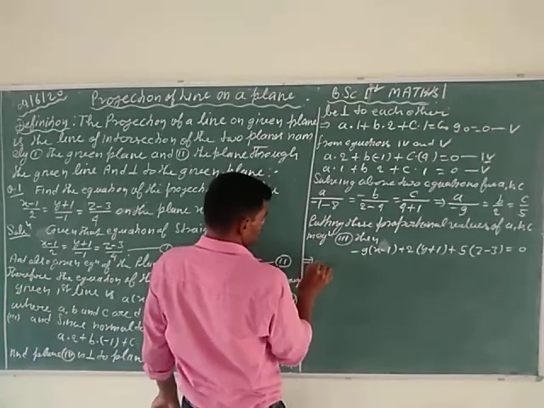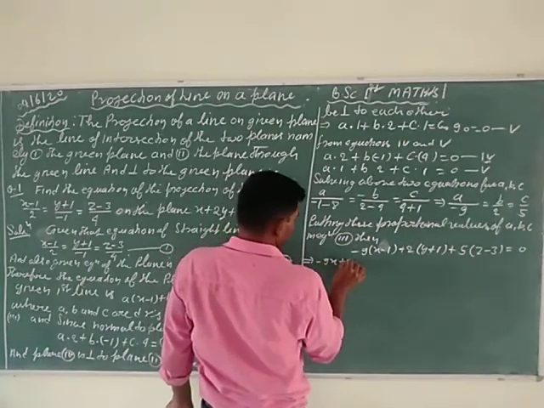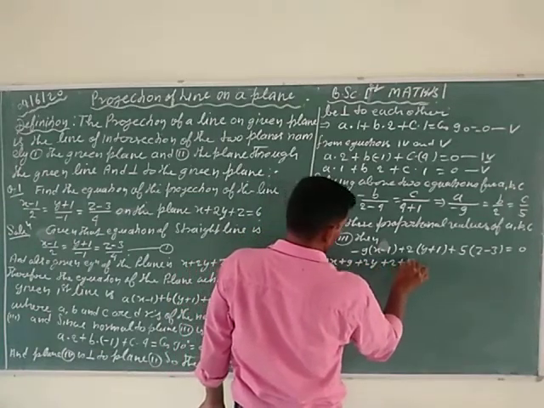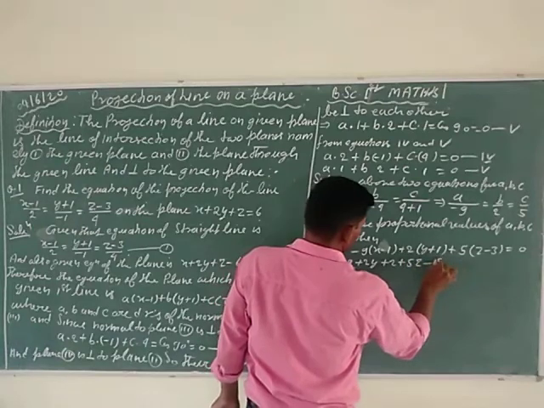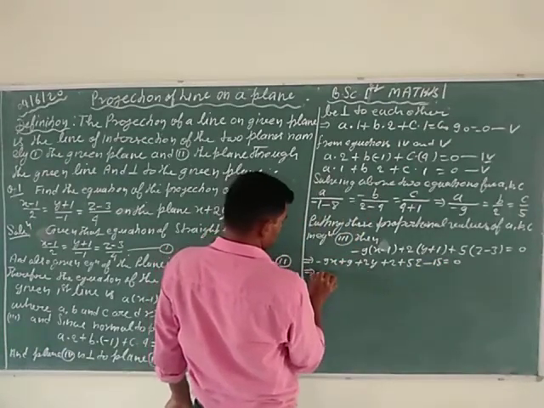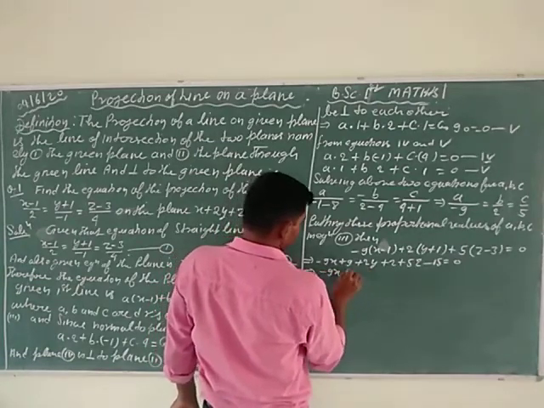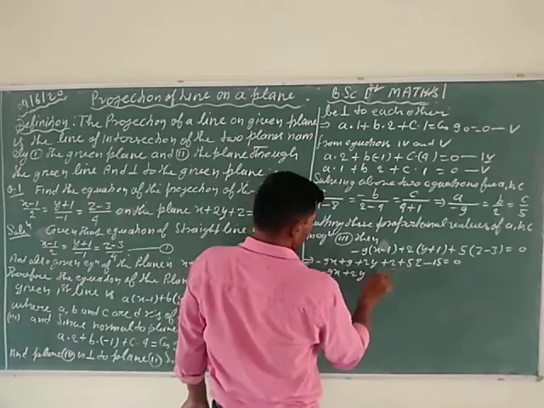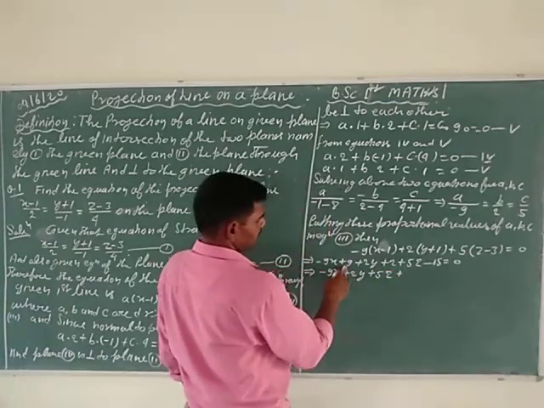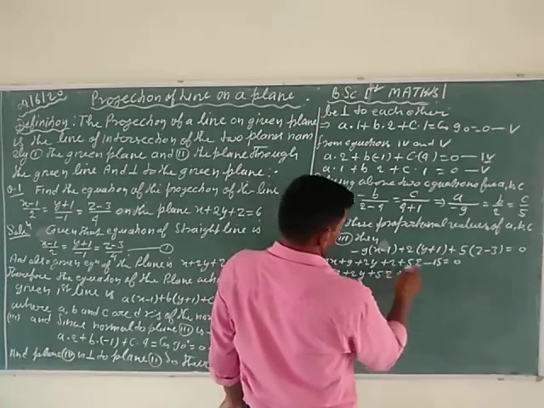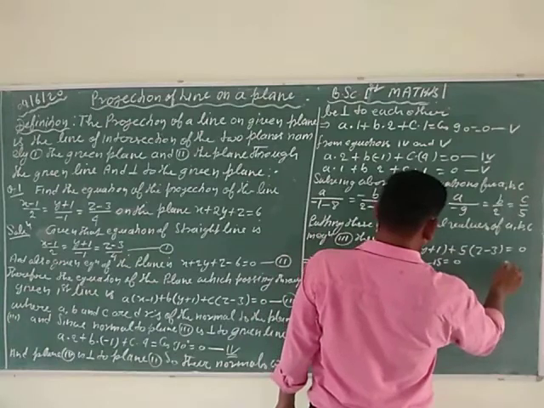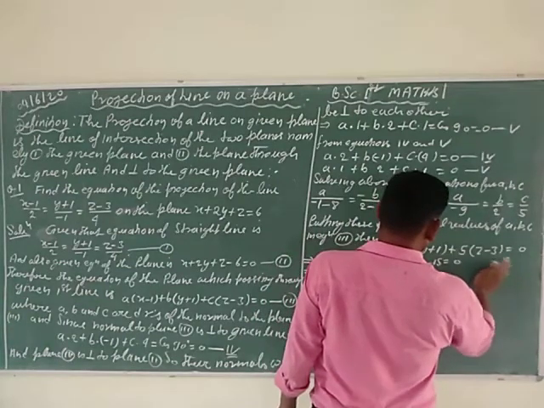Simplify to this equation: minus 9x plus 9, plus 2y plus 2, plus 5z minus 15 is equal to 0. It is implied that minus 9x plus 2y and 5z, plus 9 plus 2 is 11, 11 minus 15 is equal to minus 4.